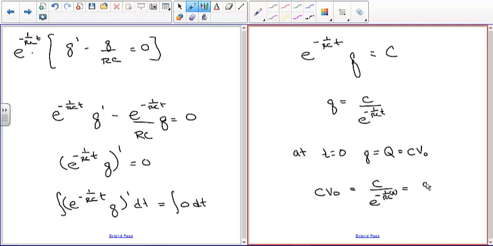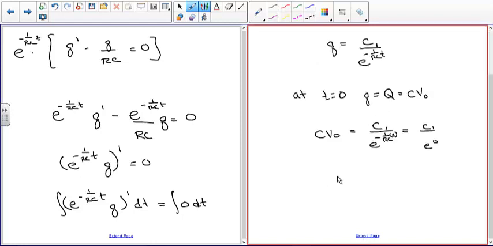And so we'll get C divided by e to the 0 power. This is a difference. This is capacitance. Let me put C1 here because otherwise we'll get C's confused, which I've already done. This is capacitance. That's the arbitrary constant. So we're going to solve for the arbitrary constant. So C1 is equal to C times V0.